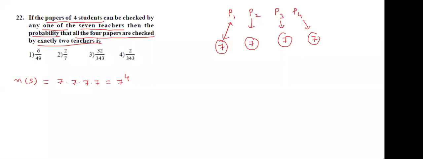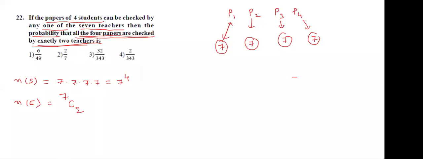What is N of E? See here, E is the event that all the 4 papers are checked by exactly 2 teachers. Who are the 2 people we want to select? N of E, exactly 2 teachers. How many teachers are there? There are 7 teachers. Out of 7 teachers, 2 teachers can be selected.